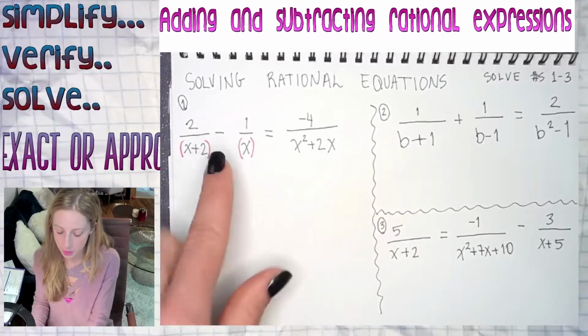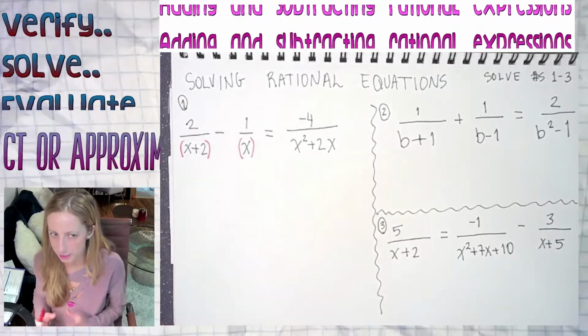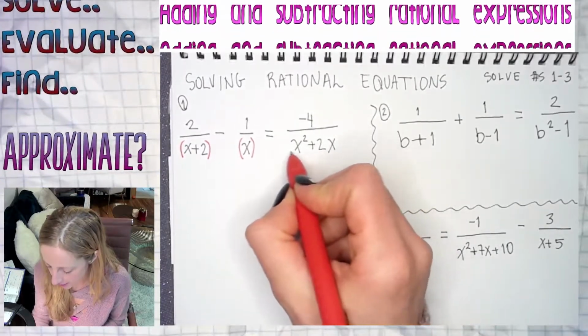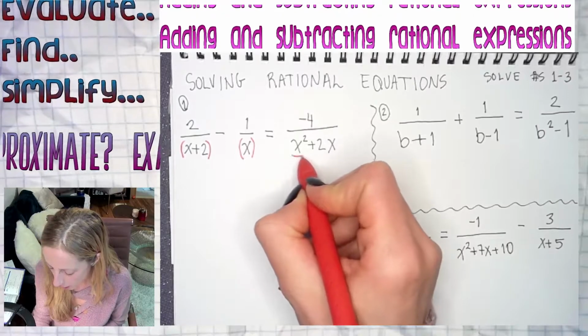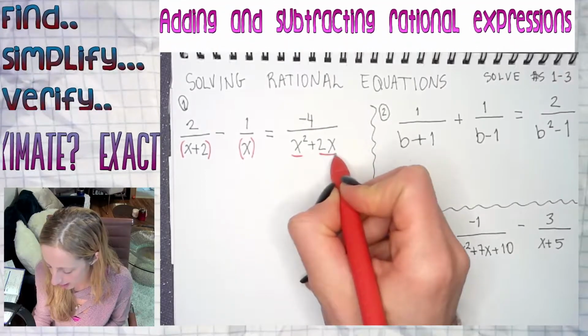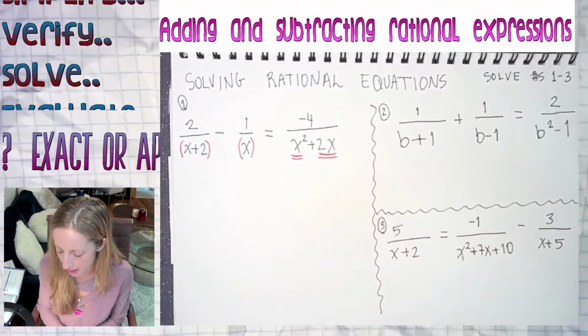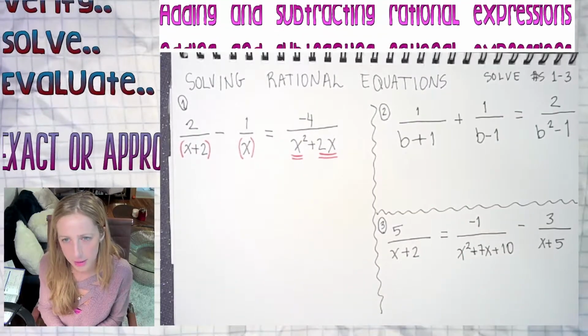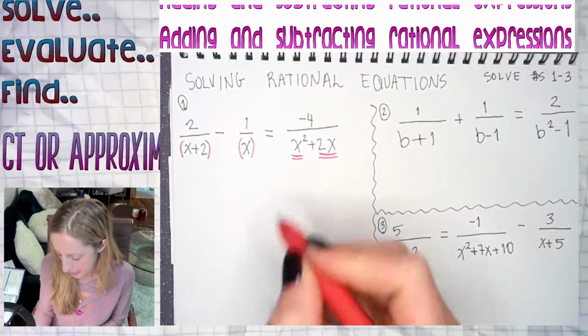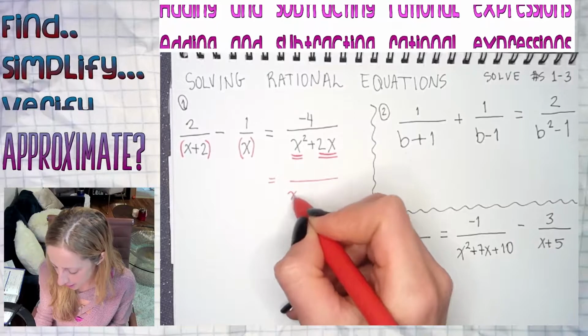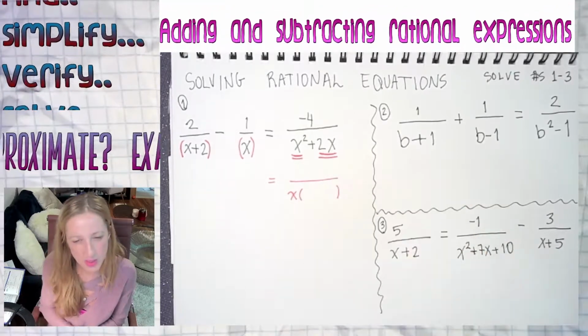And when we can, you sometimes want to look at the ones that are already factored for a clue. How can I factor this denominator? I always start by looking for a greatest common factor. That was factoring method 1. What's the greatest common factor between the x squared and the 2x? X. It is x. If I factor out an x, what's left inside?